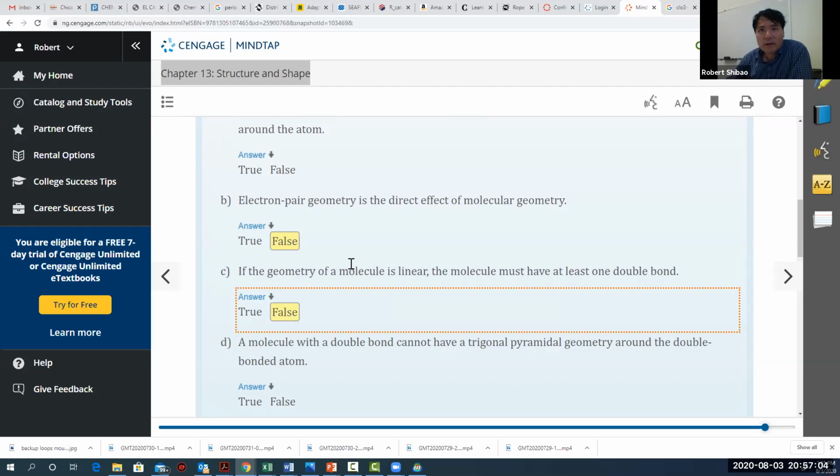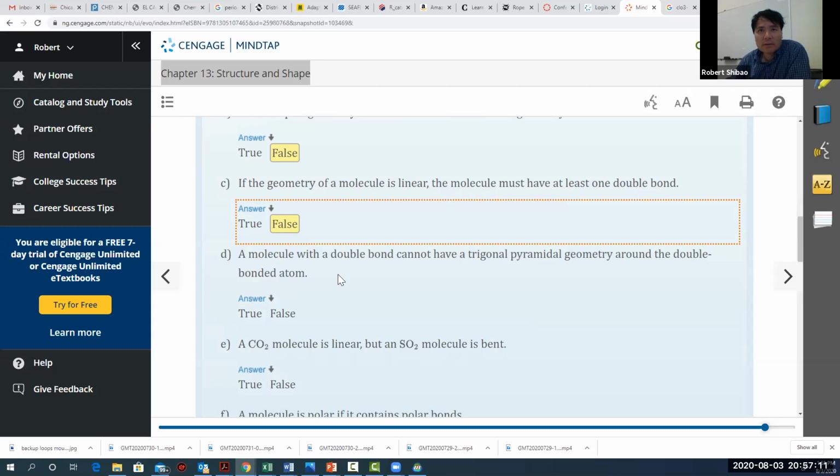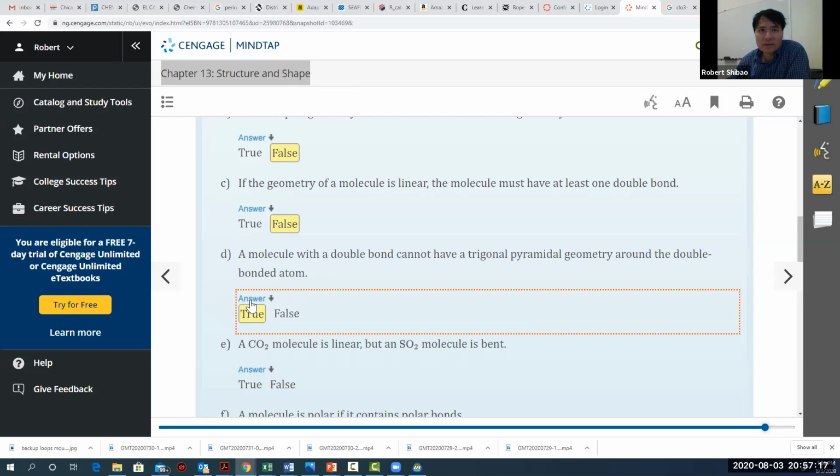If the geometry of a molecule is linear, the molecule must have at least one double bond. False. A molecule with a double bond cannot have a trigonal pyramidal geometry around the double bonded atom. That's actually false. Let's see what they say. This is actually false because of expanded octets.